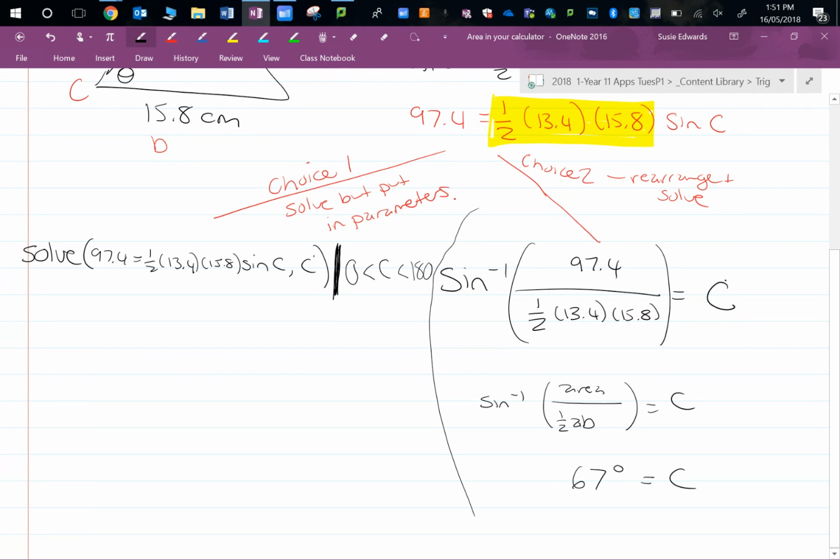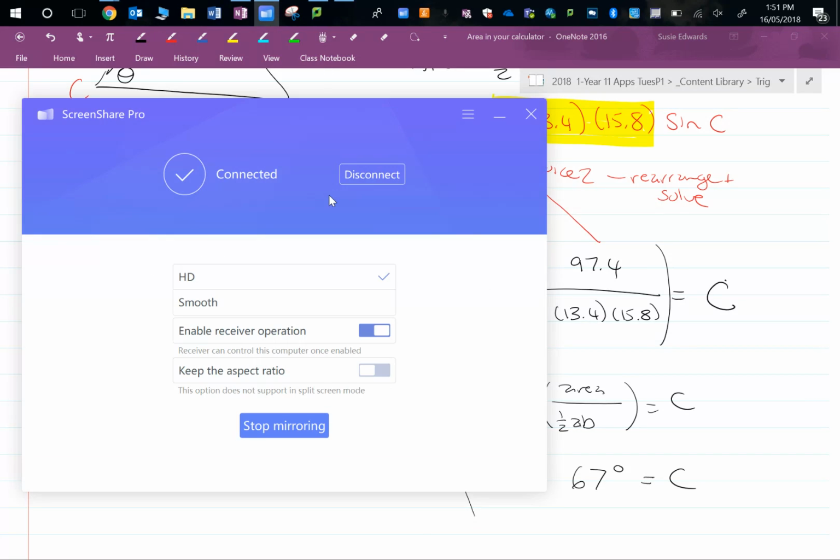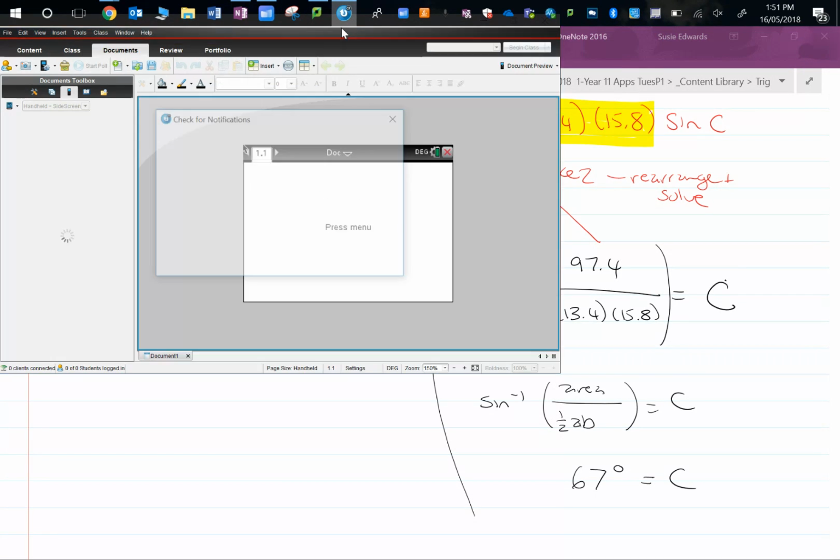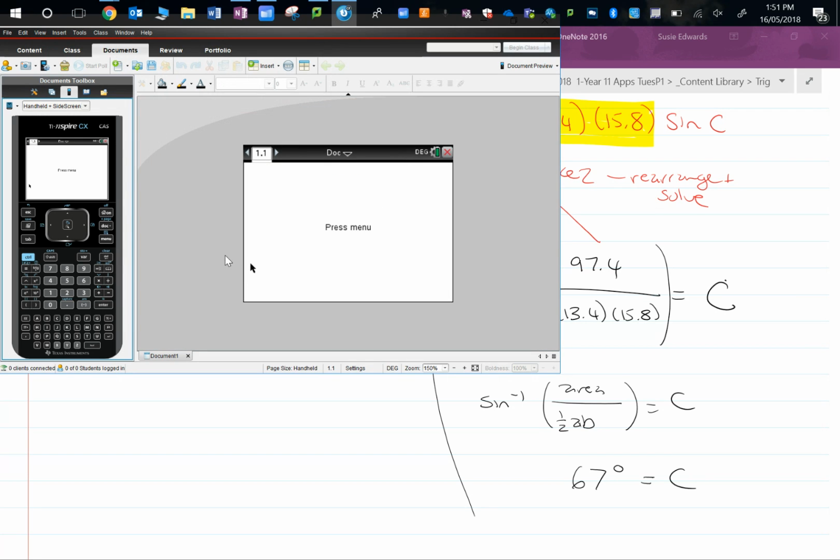I'll show you on my calculator. All right, wrong one. Where's my calculator? That one. All right, so I write in my solve bracket, and sorry, I need to be able to see what I'm writing. 97.4 equals 0.5 times, is it 13.4?